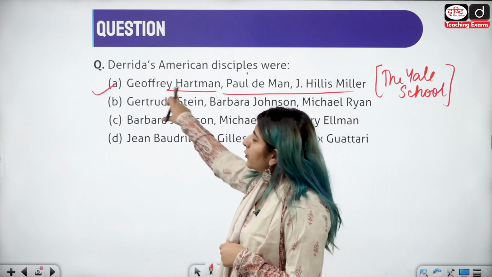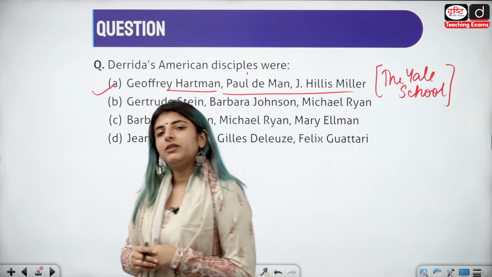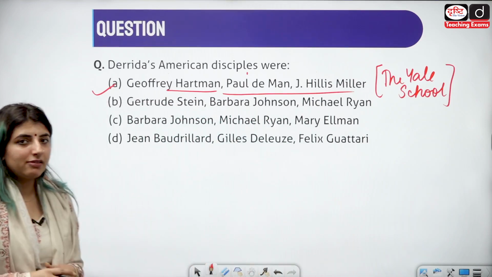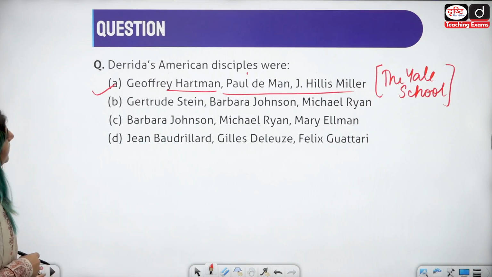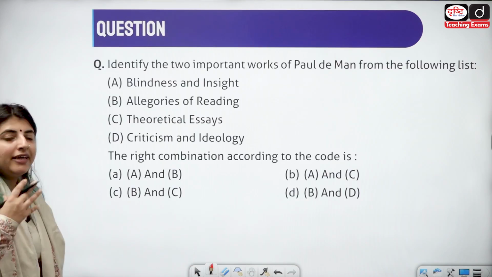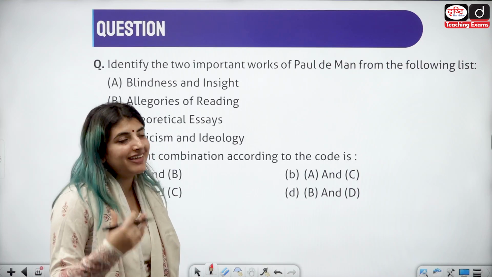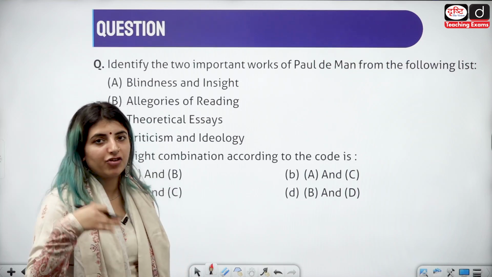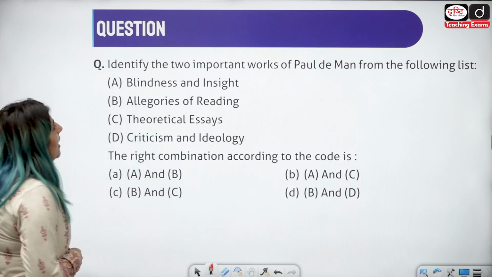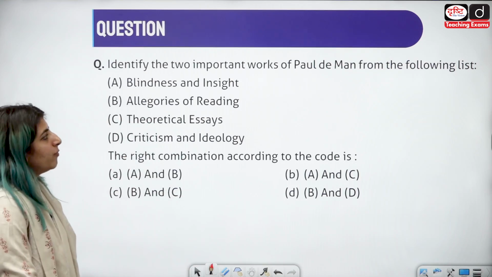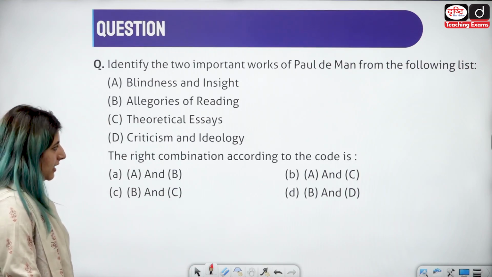Correct? They were using the thought processes of Derrida, the ideas that he gave related to deconstruction, in their works.